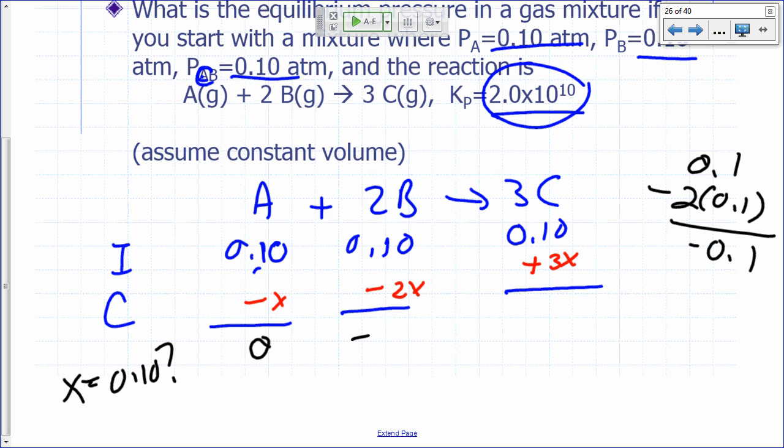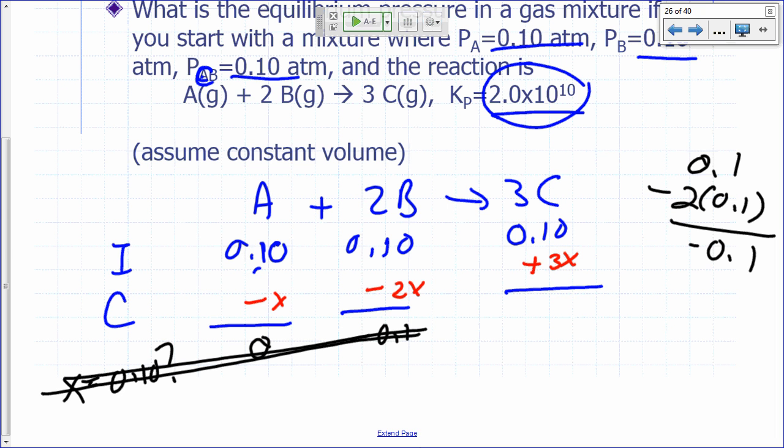Negative 0.1. Can I have negative pressure? No. So that means I cannot use up my A. I have a limiting reactant here. What's my limiting reactant? B. B will run out first, and so I'll have some excess A. So this is not going to work. X cannot be 0.1.